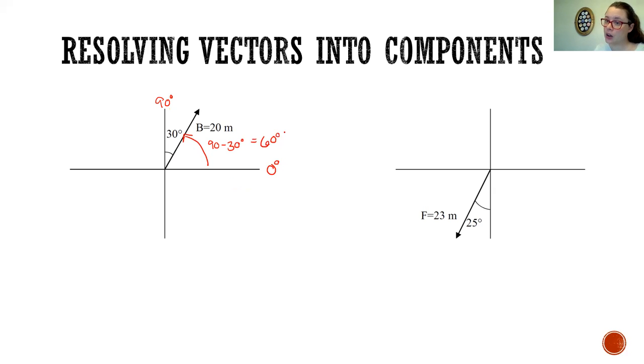So if I recalculate it and say this is 20 meters at 60 degrees, measuring from 0, now we can use those formulas where x is equal to the length of the vector, 20, times the cosine of 60, and we'll find that the x component has a length of 10 meters, and the y component is going to be equal to 20 sine 60.